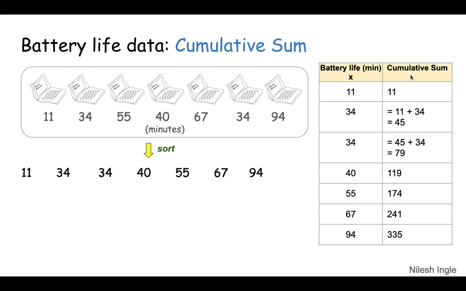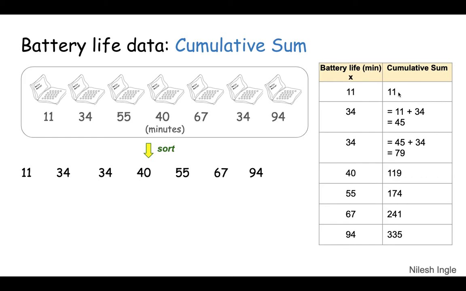What cumulative means here is we are going to perform the sum row by row, carrying on the sum from each row to the next row. So we are going to keep adding to the previous sum.